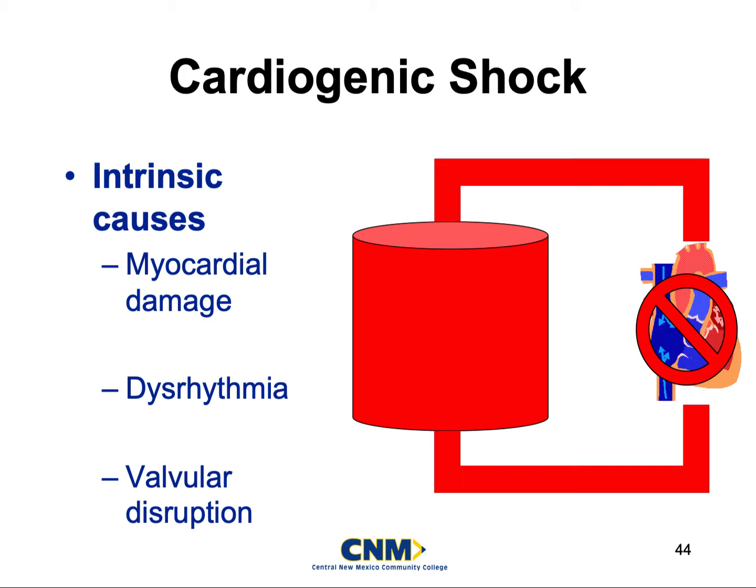Or it could be a possible problem with one of our valves. You guys might hear terms like aortic stenosis or something like that. It's the actual hardening of the valves. Remember that the valves only open one way, and sometimes we can have valvular disruptions where the actual valve doesn't close the way it's supposed to, and it's actually kind of held open.